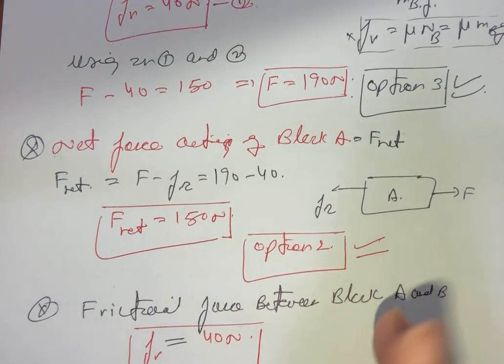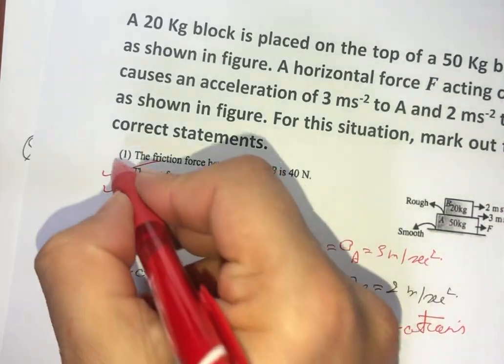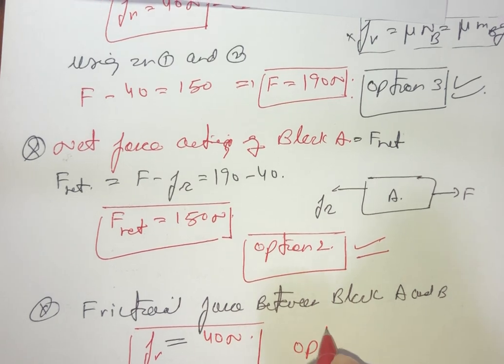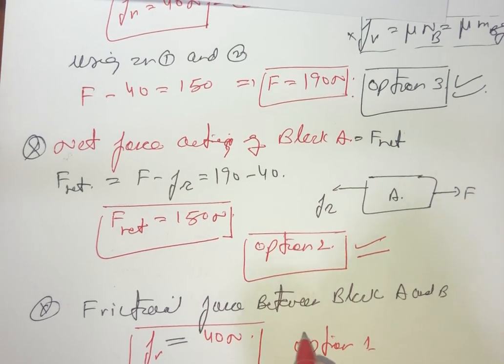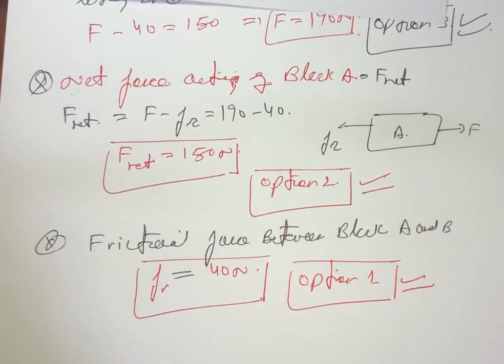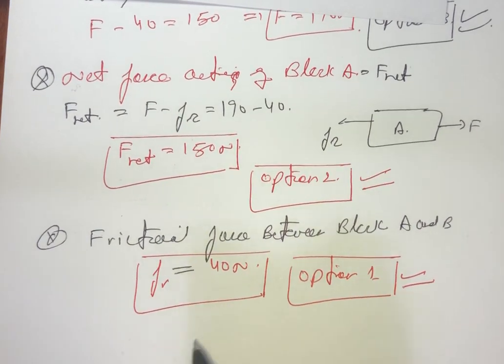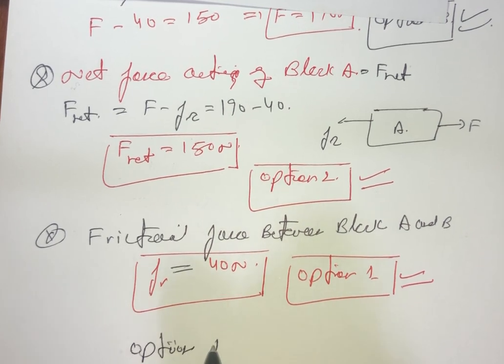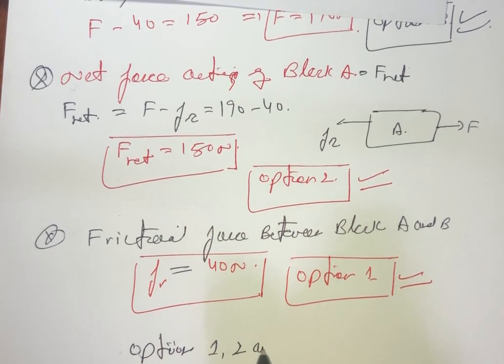And this means option number 1 is the correct option. So we can say that options 1, 2 and 3 are correct.